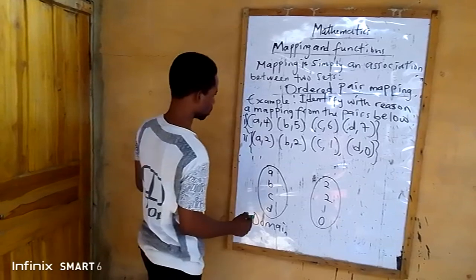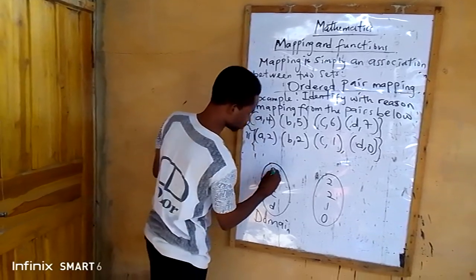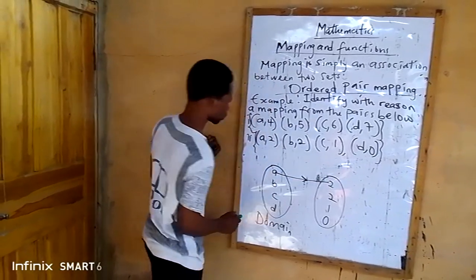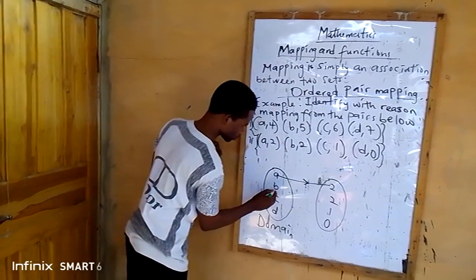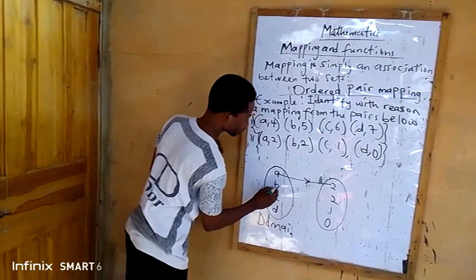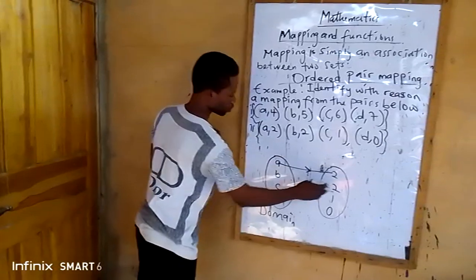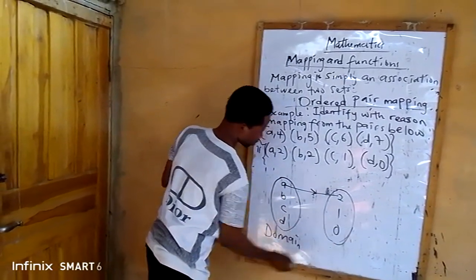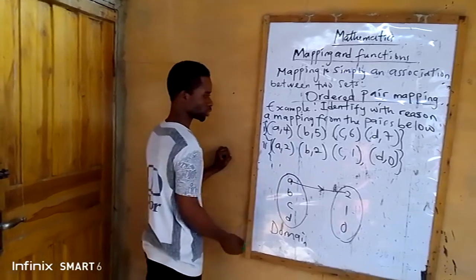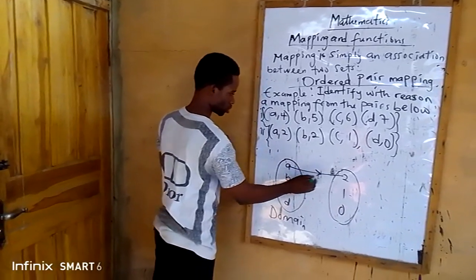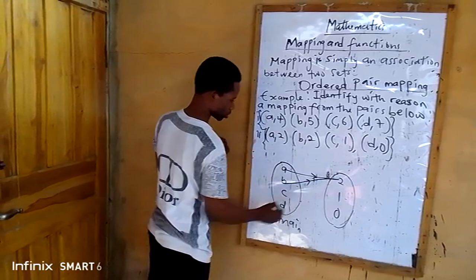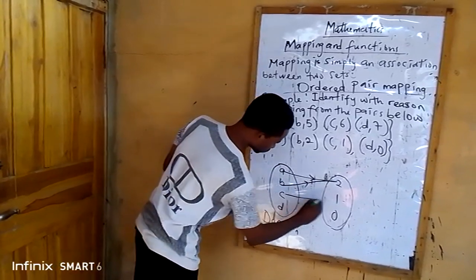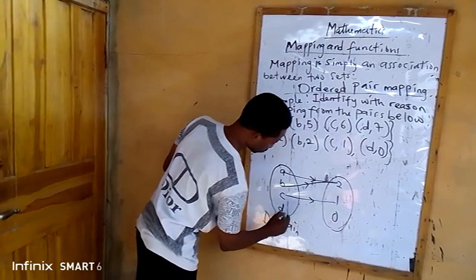So A goes to 2, B also goes to 2. Okay, you cannot repeat it. Since both of them are 2, you don't need to repeat it. There's no repetition. C goes for 1 and D goes for 0.